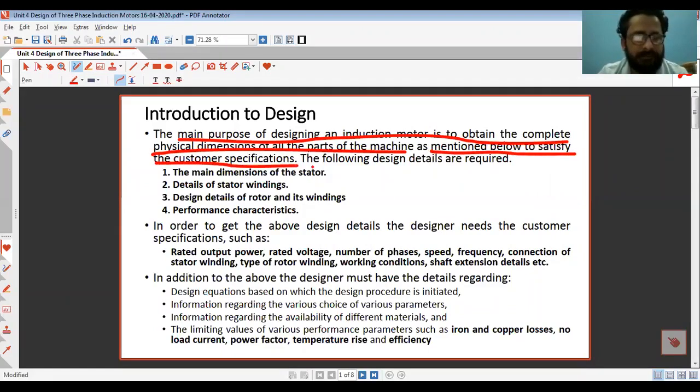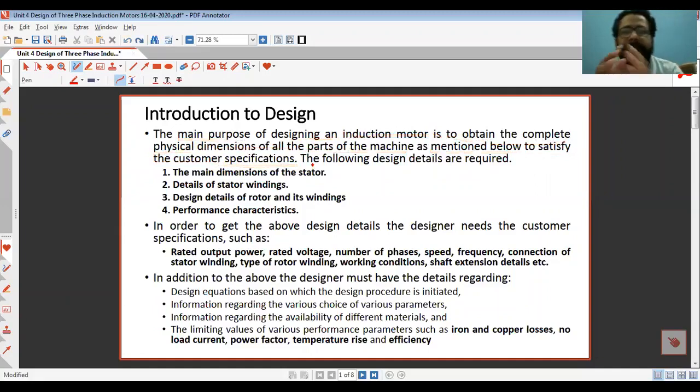The design of any rotating machine or any electrical machine is under the electrical standards, right? No design is beyond electrical standards. One has to follow the electrical standards while designing, manufacturing, and fabricating electrical machines.